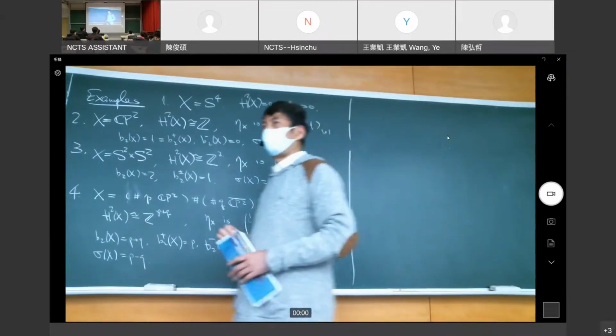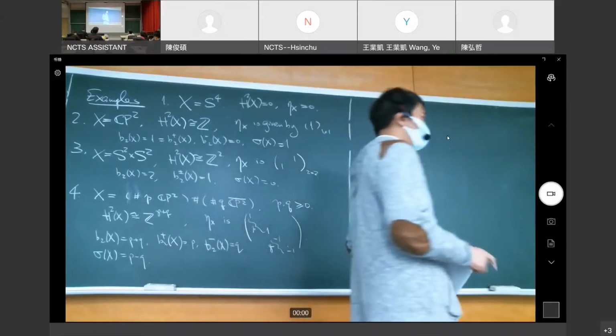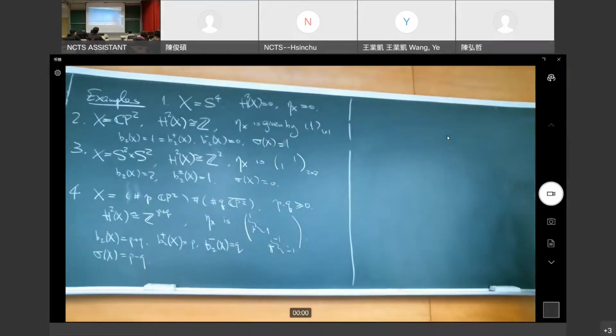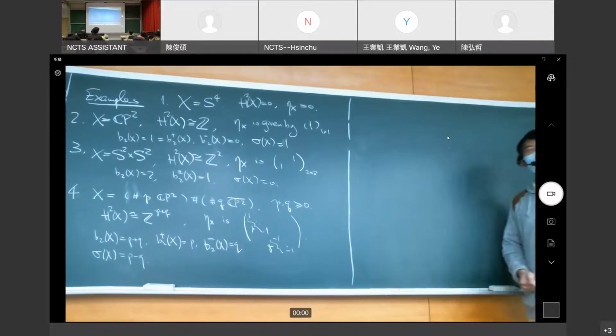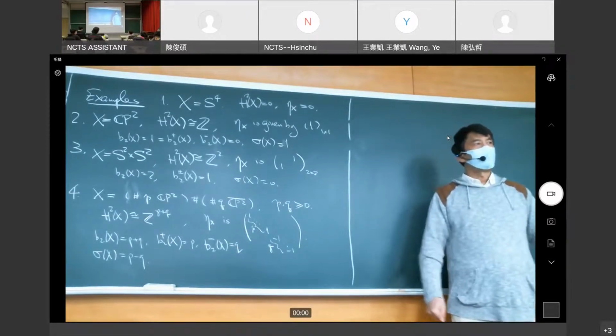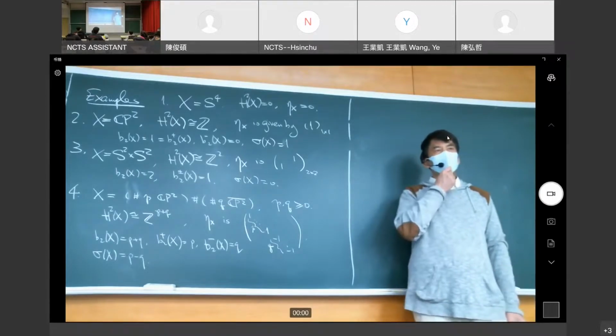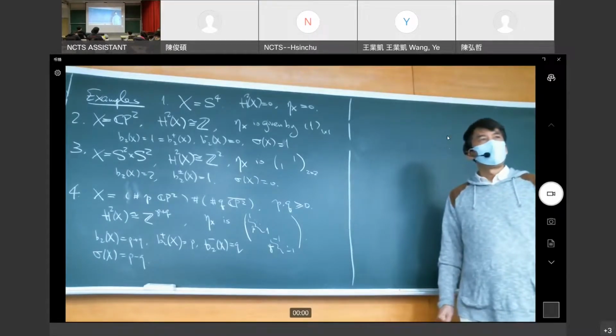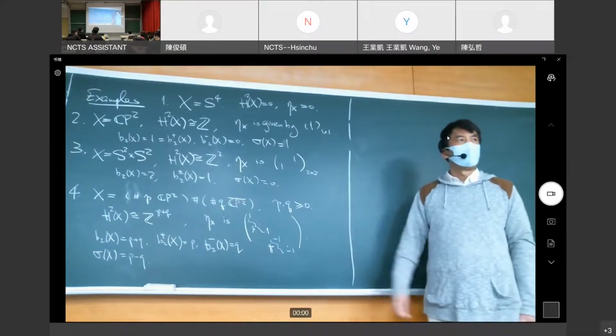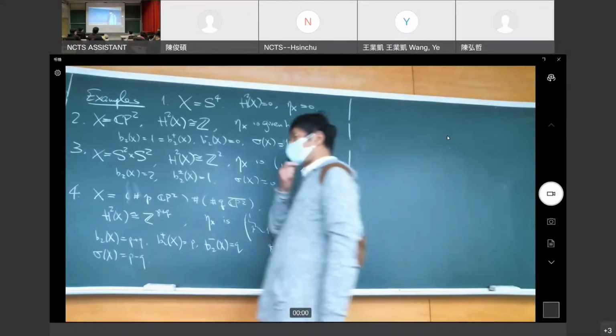For those of you who know characteristic classes, I'm going to make some remarks. For those of you who don't know, you can just ignore this. This is because I'm going to explain why characteristic classes are not so helpful for getting information about four manifolds.